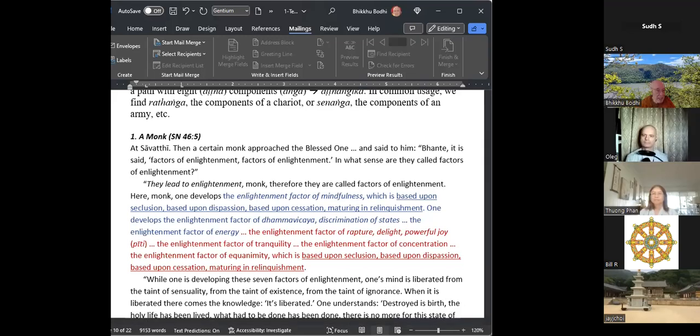Yeah, but in my understanding, the enlightenment factors aim at wisdom or understanding, not merely absorption or concentration.